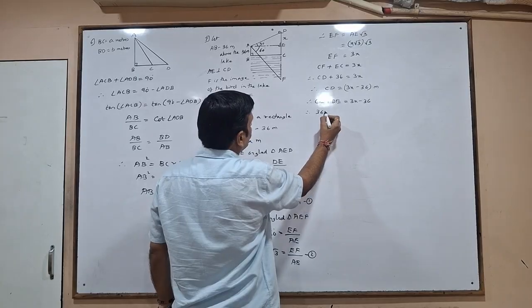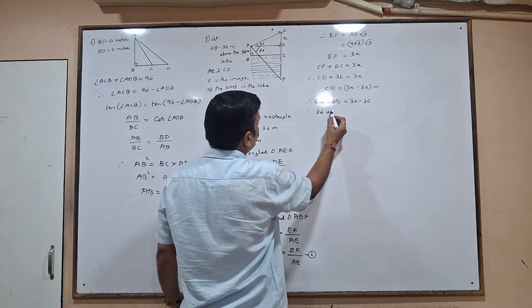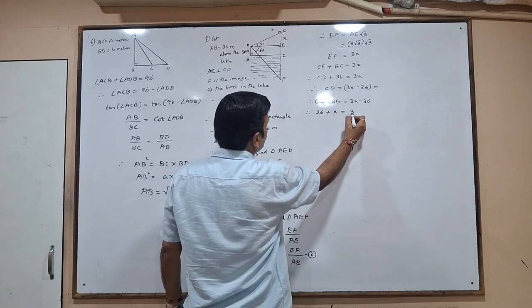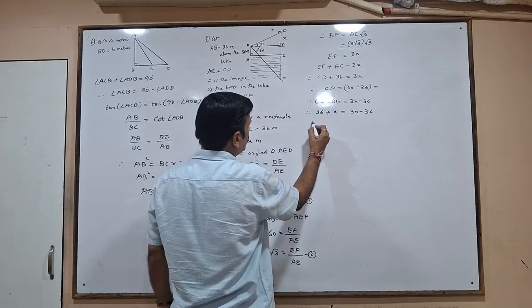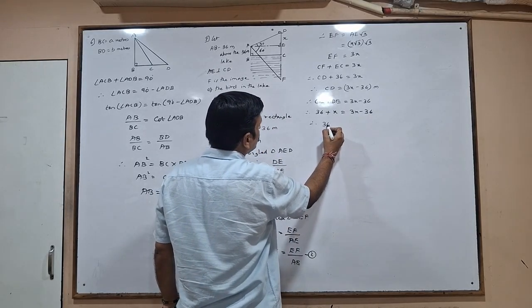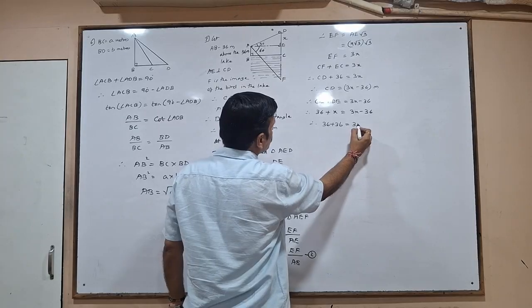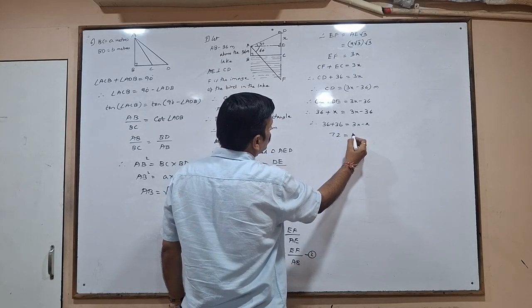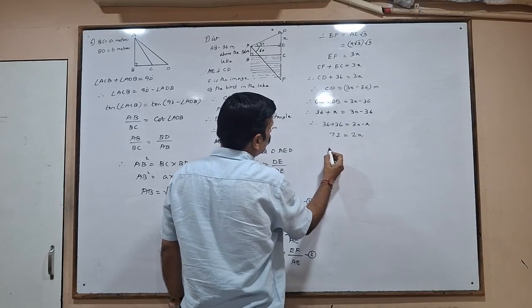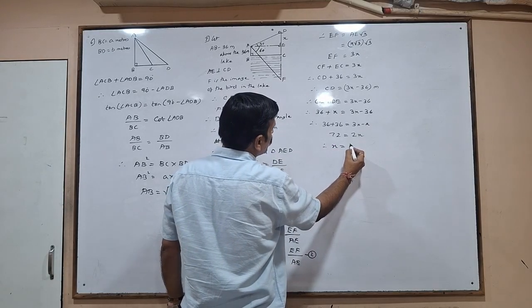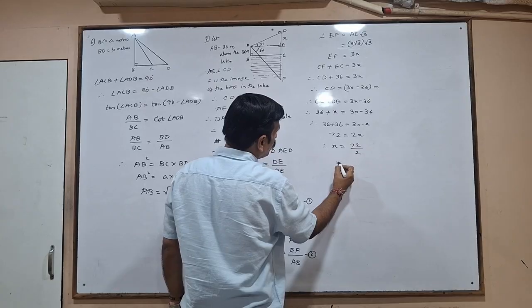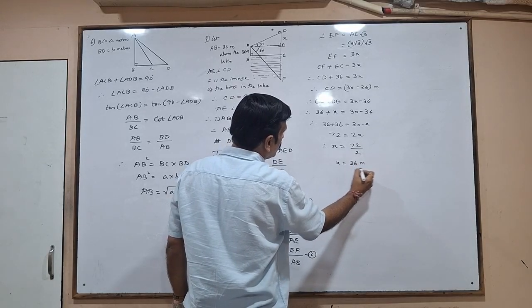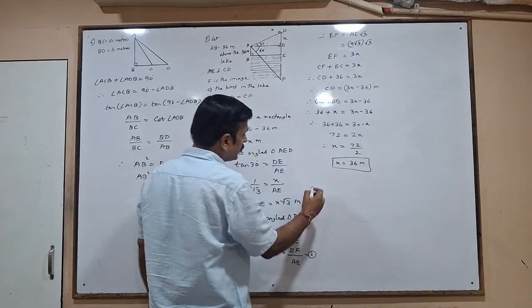What is CE? 36. What is DE? x. So x plus 36 is equal to 3x minus 36. So it is 36 plus 36, so 72 is equal to 2x. So x is 72 upon 2, x is 36 meter.